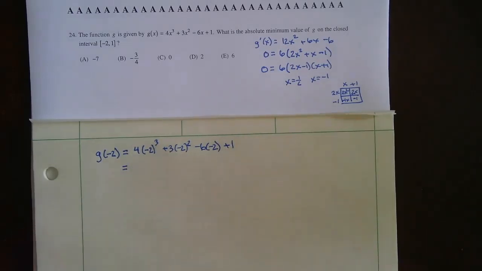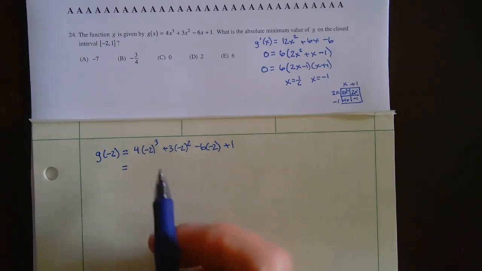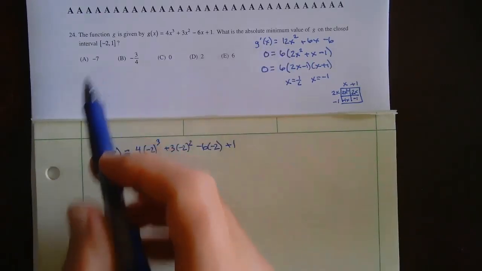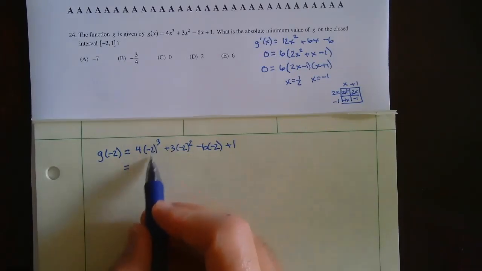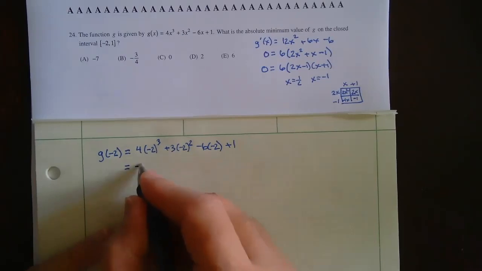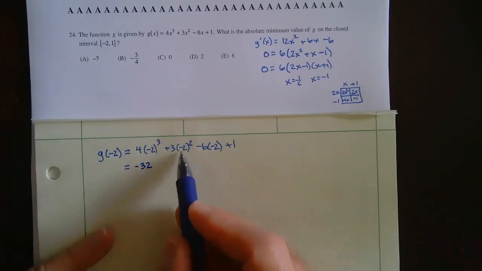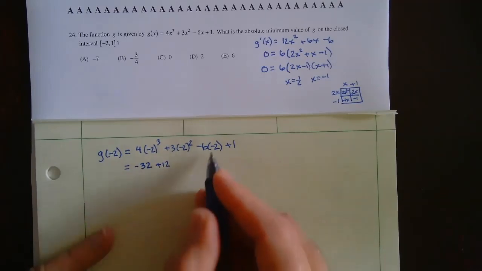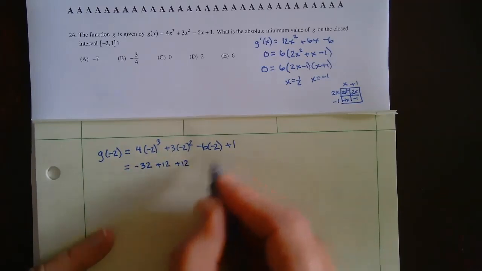Now on the AP exam, you're going to be able to use a calculator, so something like this is very straightforward. I doubt they ask a question like this, but it's good review because we've got to remember absolute minimum, closed interval test. So negative 2 cubed would be negative 8 times 4 is negative 32. And negative 2 squared would be 4 times 3 is 12. And then plus 12, and then plus 1.